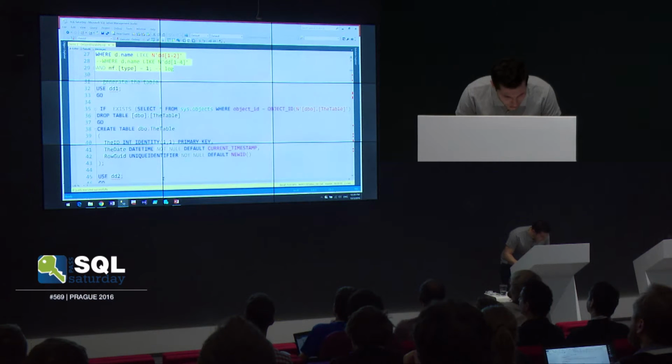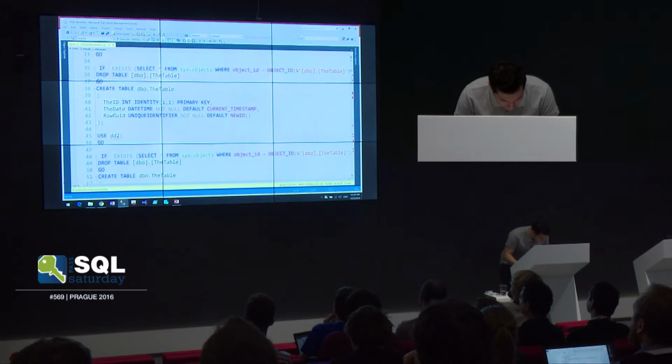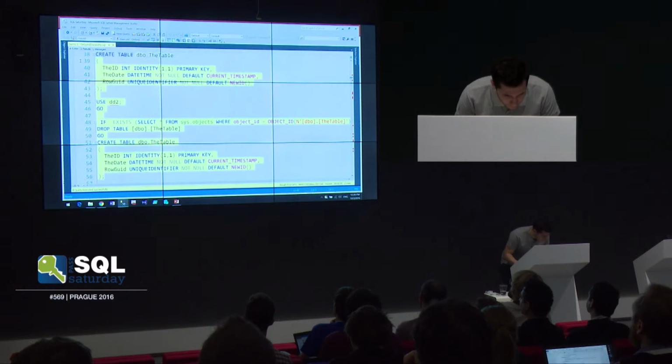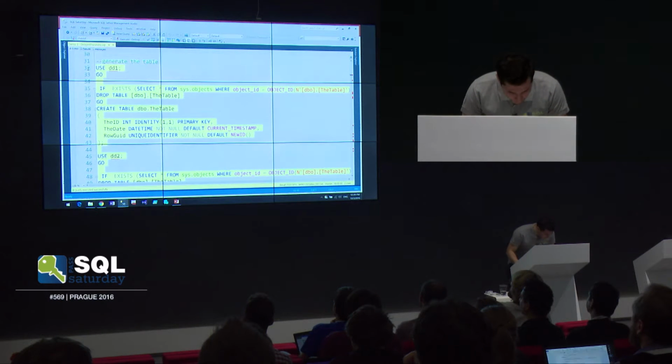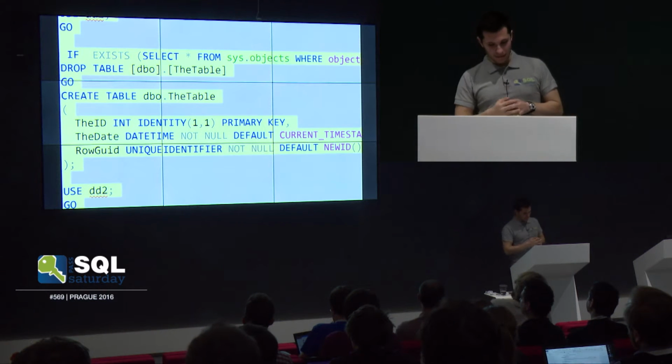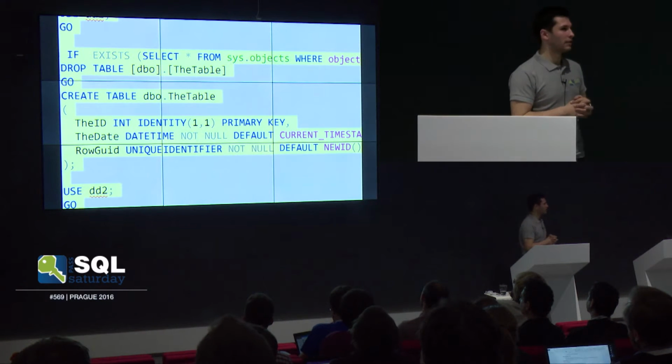Okay, I'm generating 2 tables. Nothing special here. Just 2 tables in both databases. You see the structure. I have an int identity column and I have a datetime and a unique identifier with default values.